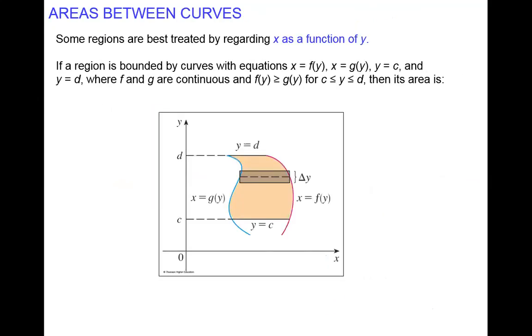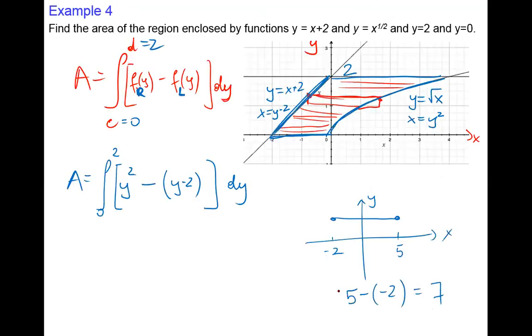Like if you have to find the distance between -2 and 5, I still have to subtract the right minus left, always.